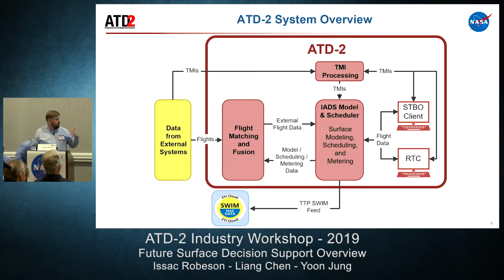This is just an overview of the architecture of ATD2. We start on your left with getting data from external systems. That's the data fusion from external systems using SWIM data, data from FAA systems, and data from airlines.